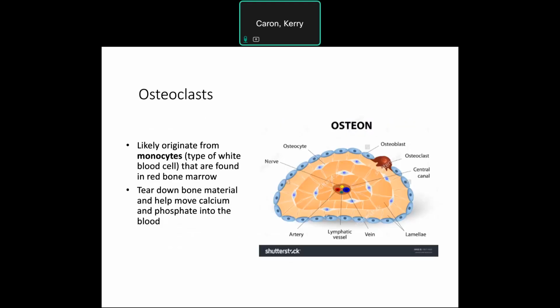Okay, so osteoclasts, remember, they consume. They may have originated from monocytes, which is a type of white blood cell. But what they're doing is they're tearing down bone material and they're moving calcium and phosphate in the blood. So your osteoblasts are building, your osteoclasts are breaking down. So it's a constant building and consuming in this regeneration process.